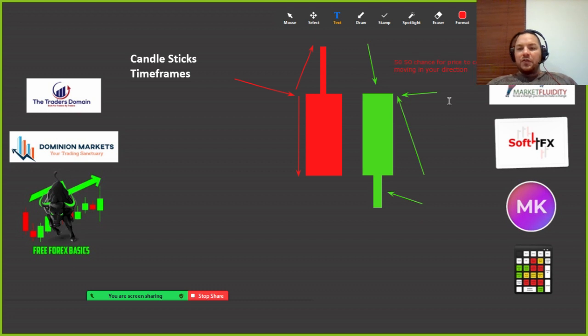So what you have here is a 50-50 chance that the next candle will continue moving up.